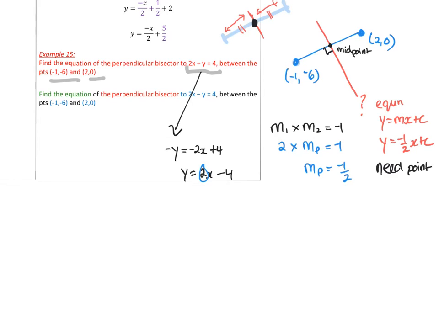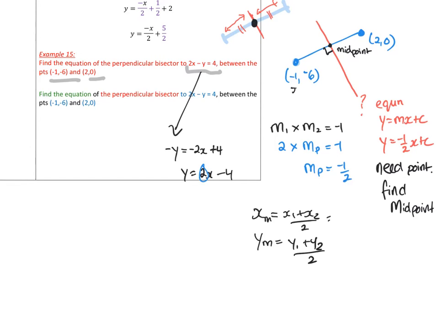Now I need a point, so I'm going to find the midpoint. Off we go. Remember, x at the midpoint is x1 plus x2 over 2. And y at the midpoint is y1 plus y2 over 2.